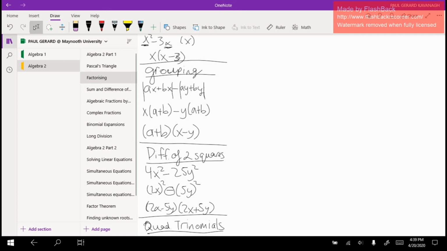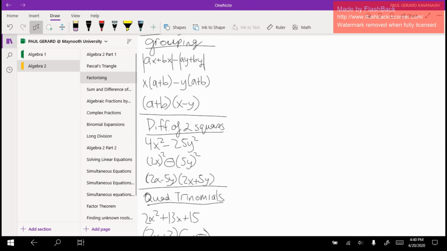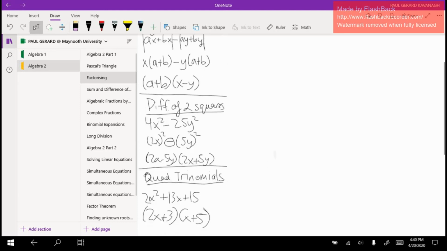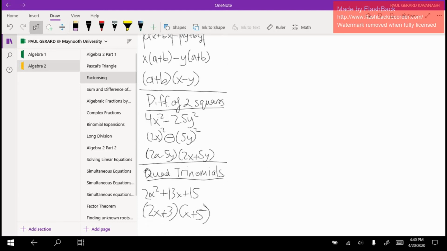It's where you have one big expression, and you can break it off into 2 small expressions where 2 terms have similar variables. You factorize them out by highest common factor, and you basically end up with 2 expressions multiplying together.